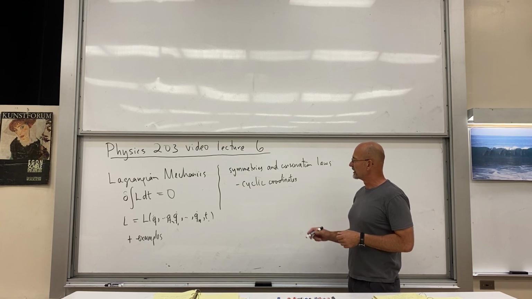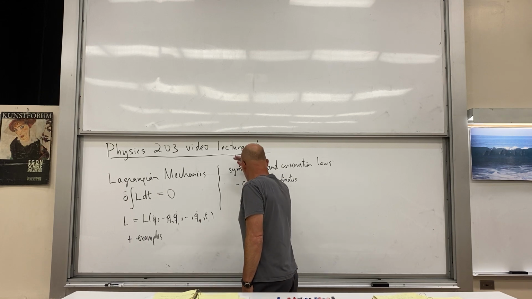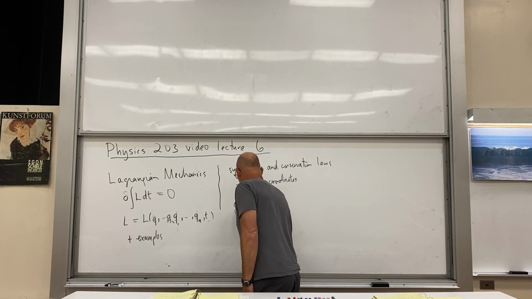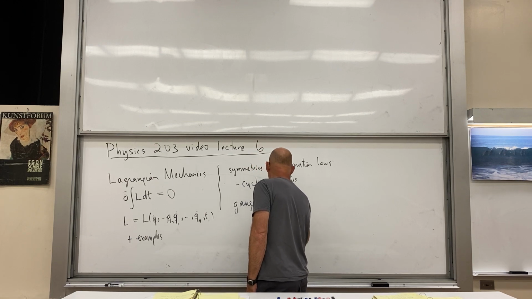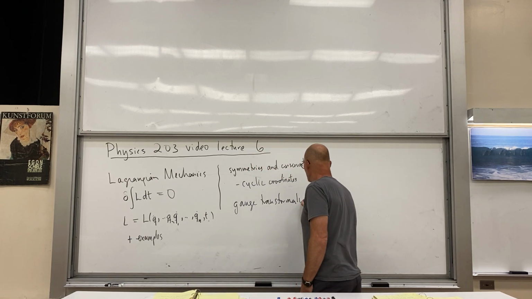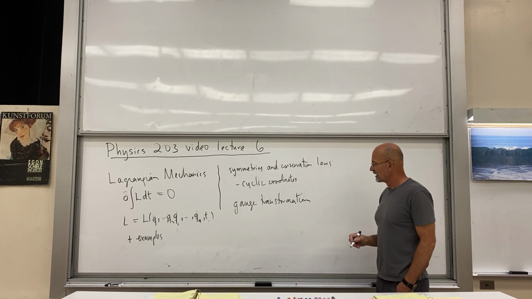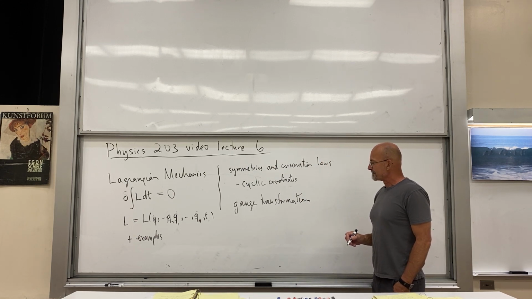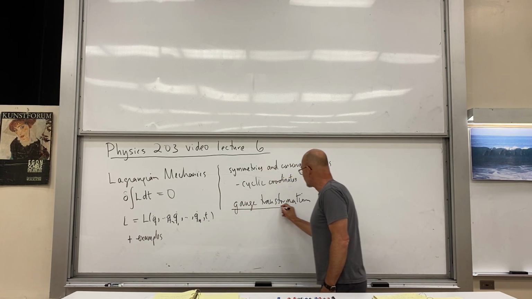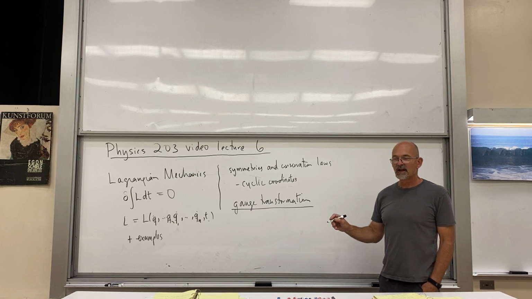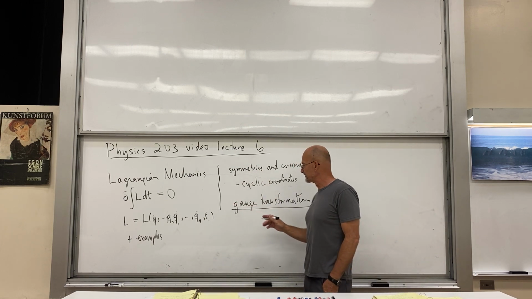So there's another aspect here, and this is going to be a similar theme, gauge transformations. And this is addressing the different forms that the Lagrangian can take and still describe the same physics.